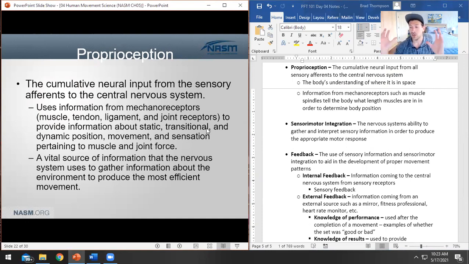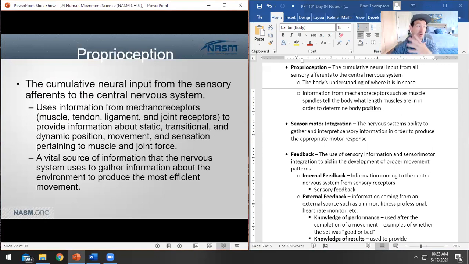All that information is going into your brain, and it's telling your brain what position your body is in currently. So it is how your body is gathering all of its info. How do you know that you're standing upright? Well, you have sensory receptors that are like, well, gravity's pulling on us primarily like this. How does your body know it's lying down?